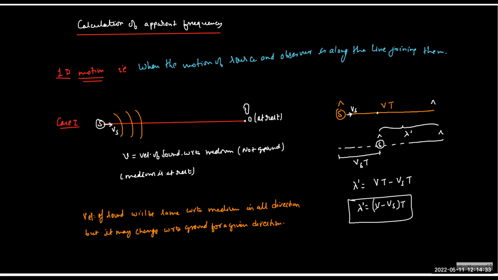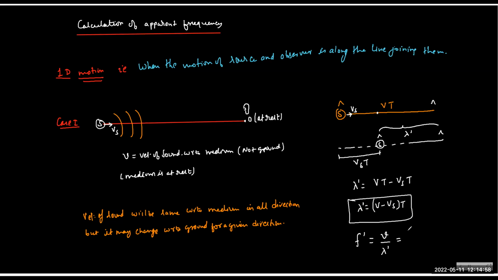So if I make Vs 0, you can see it is the actual wavelength that we expect, but the motion will actually decrease the wavelength because the observer is towards the right and we are moving also towards the right. So the apparent frequency that the observer will receive will be the velocity of sound upon lambda dash. The wavelength will change.